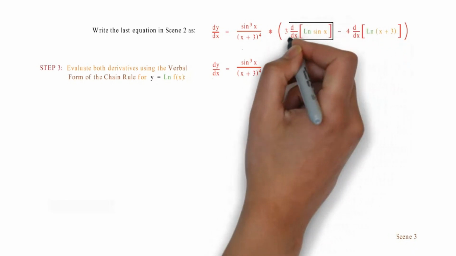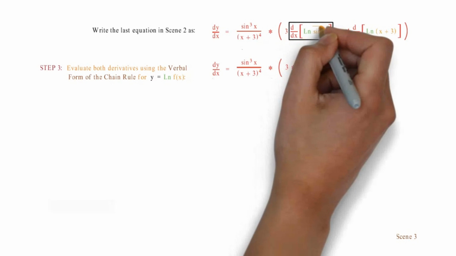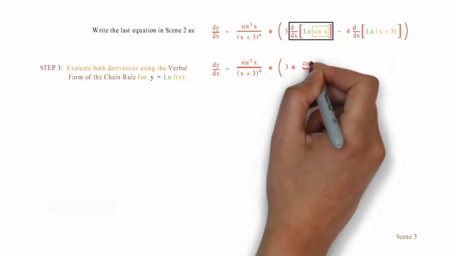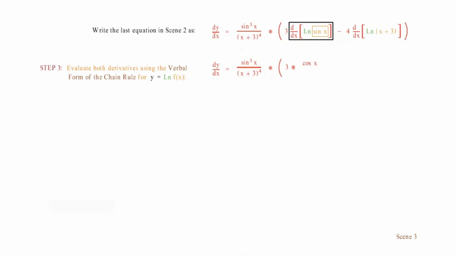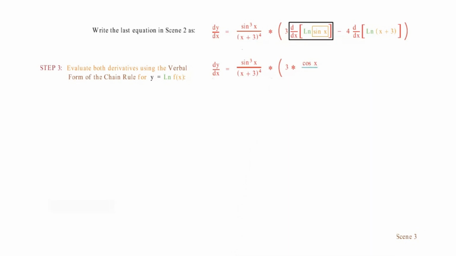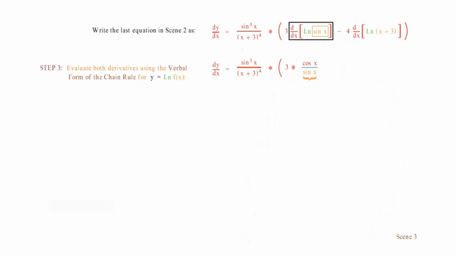This derivative equals the derivative of the argument of ln, which is the derivative of sine of x, which is cos of x, divided by the argument of ln, as before, sine of x.